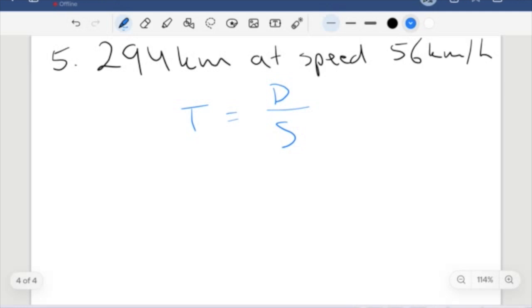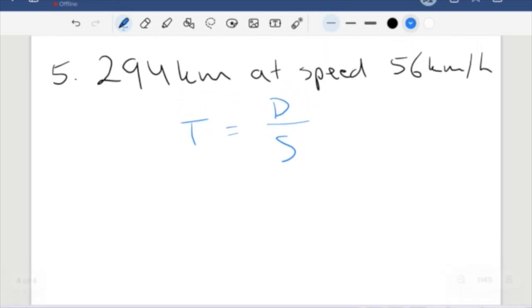Okay, so doing this now, we just substitute in the parts that we're given in the question into our formula. So we're given a distance and we're given a speed. So we can write our time as 294 divided by 56.